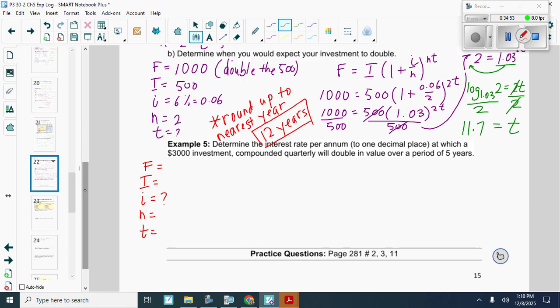Okay, our initial investment is $3,000. Compounded quarterly, so n is 4. Doubles in value, so the final amount is double our initial amount, so our final amount is 6,000. Okay, and the time period is 5 years.